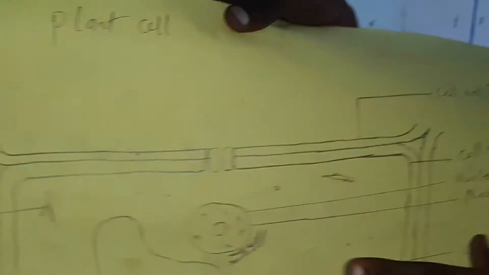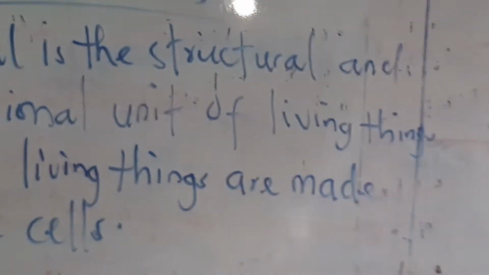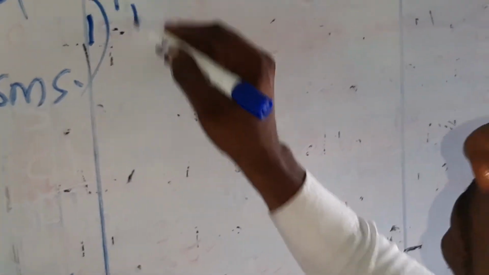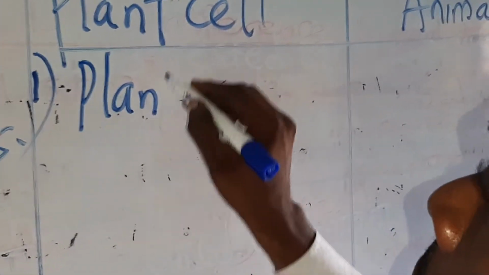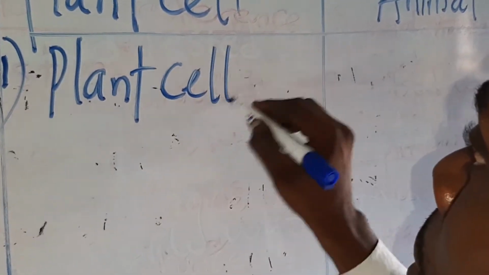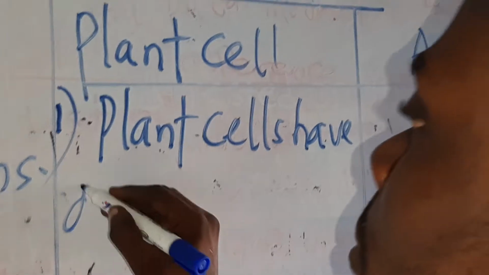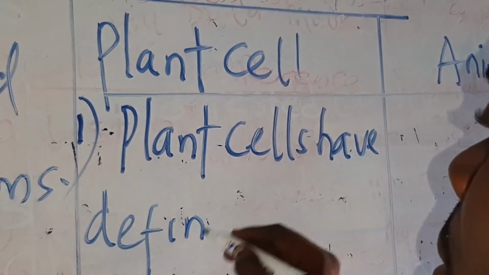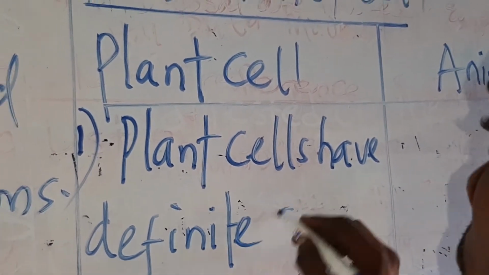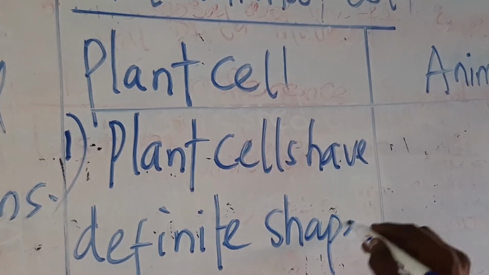Plant cells have definite shape, while animal cells don't have definite shape. So one of the differences here is that plant cells have definite shape.